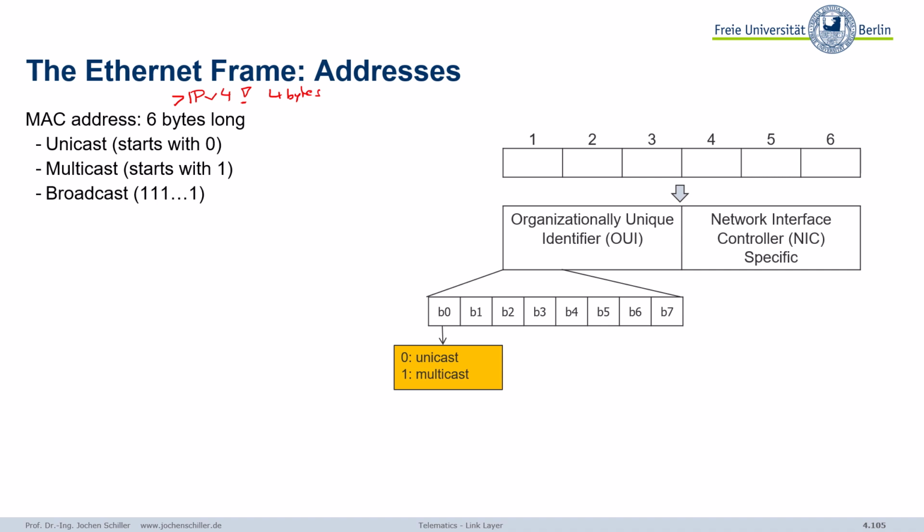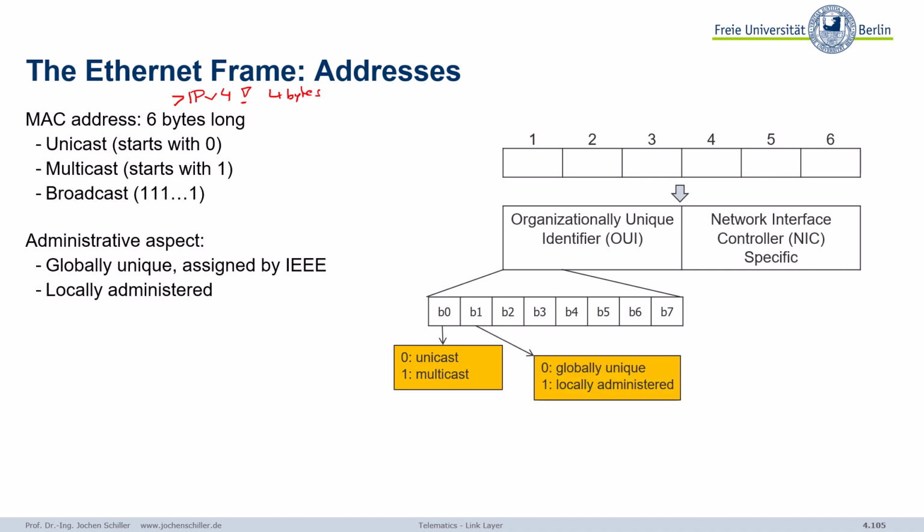We have bits indicating if this is a unicast address, a packet frame intended for one receiver, a multicast address, or a broadcast address. Broadcast means we send to everyone. Then globally unique, that's the typical case, that we have addresses that are globally unique.